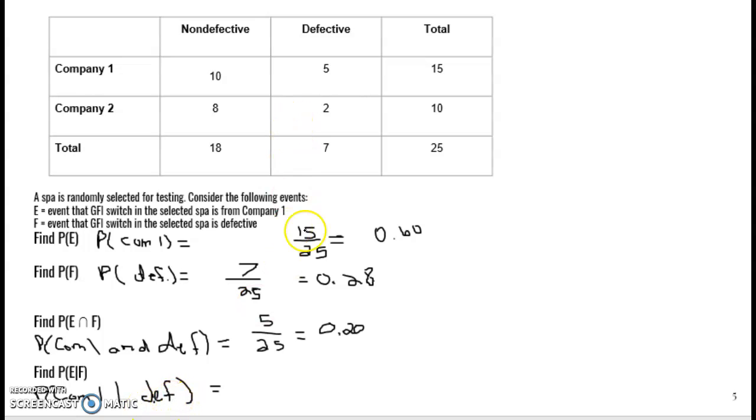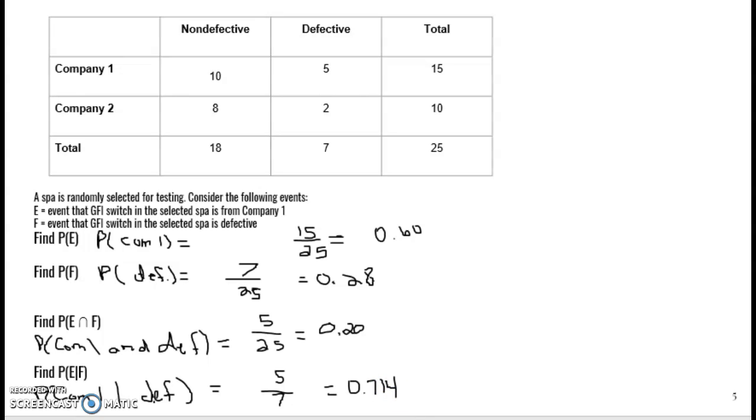The number of defective switches was 7. And of those 7, we know that 5 of them were from company 1. So we're setting a condition here where we're only choosing from the defective switches, and then from there finding the probability that we choose company 1 from those defective switches. And that's 0.01. Or I'm sorry, 0.714.